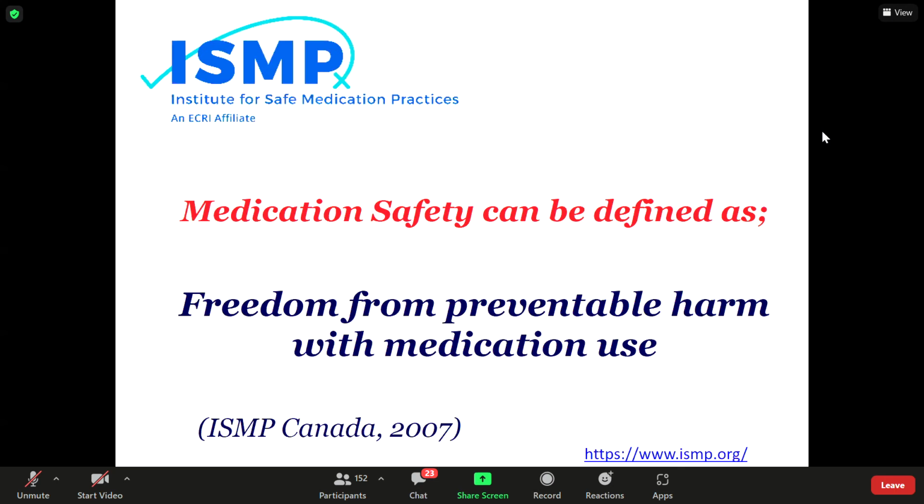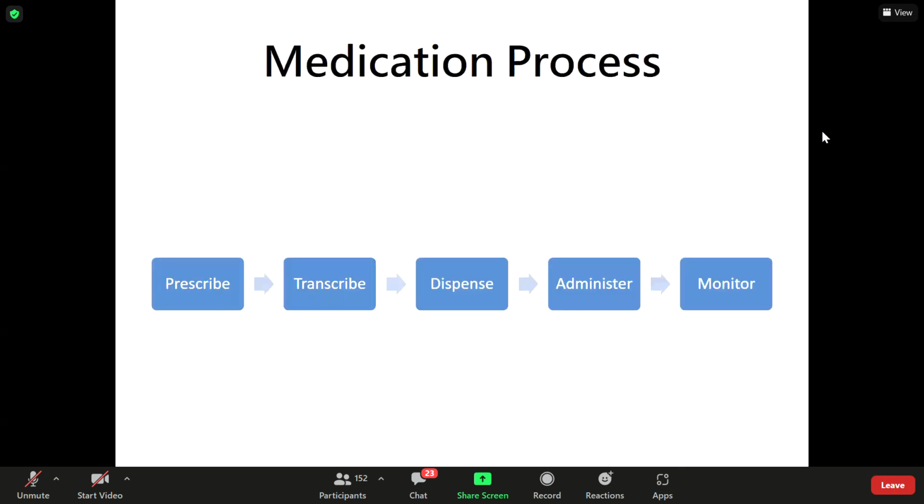Remember, you are the one who is going to prescribe medication. The process starts with prescribing, which is from your end, and then transcribing. Transcription is not as valid nowadays because of electronic solutions like CPOE, computerized provider order entry, where you don't have to transcribe the medication manually on a small piece of paper for administration.